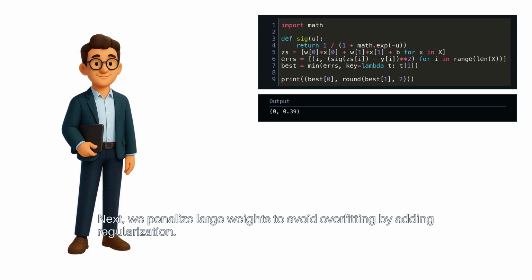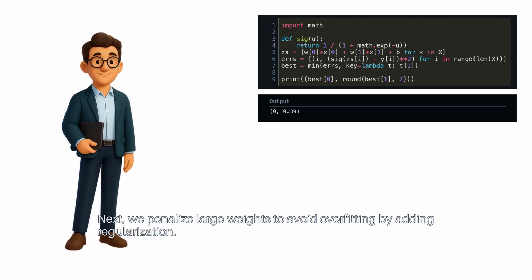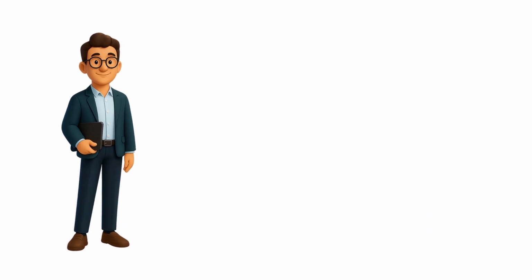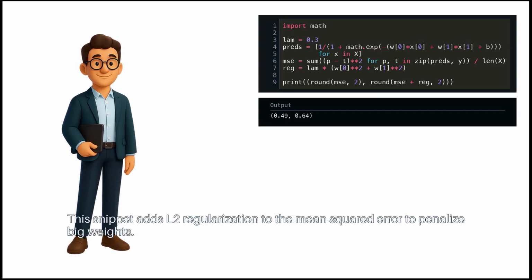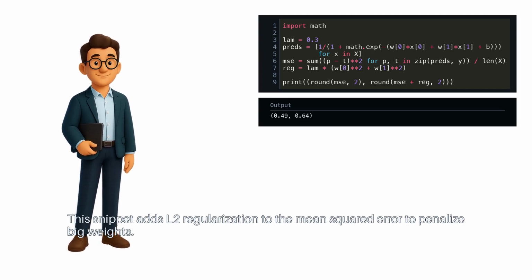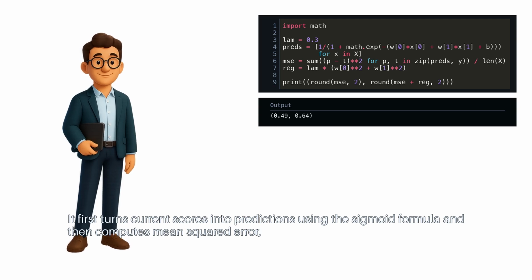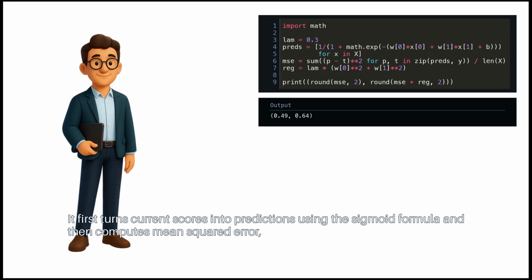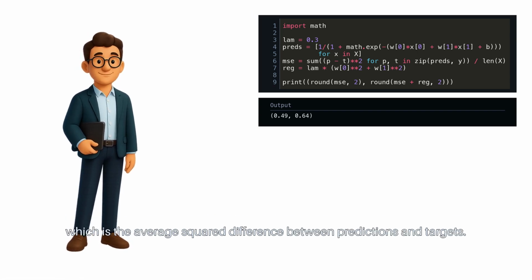Next, we penalize large weights to avoid overfitting by adding regularization. This snippet adds L2 regularization to the mean squared error to penalize big weights. It first turns current scores into predictions using the sigmoid formula, and then computes mean squared error, which is the average squared difference between predictions and targets.